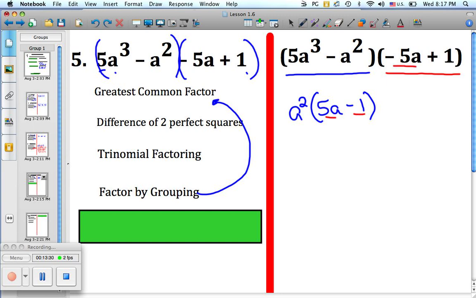This is a minus 5a and this is a plus 1. This is completely the opposite here. So you know what? There is a greatest common factor, and the greatest common factor is negative 1. If I pull out a negative 1, I'm left with 5a. If I pull out a negative 1, I'm left with minus 1. Pretty sneaky.